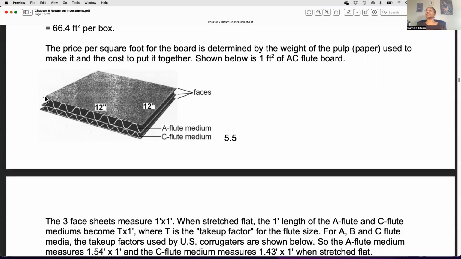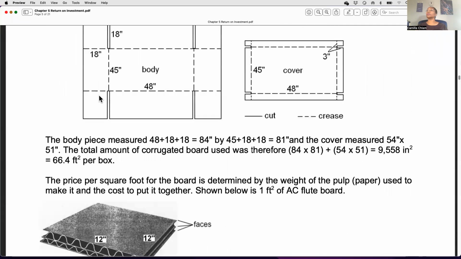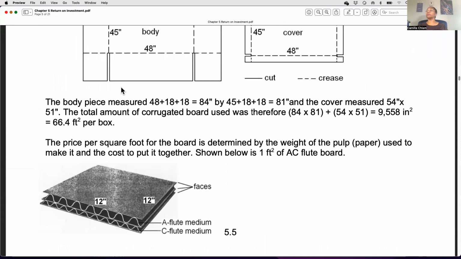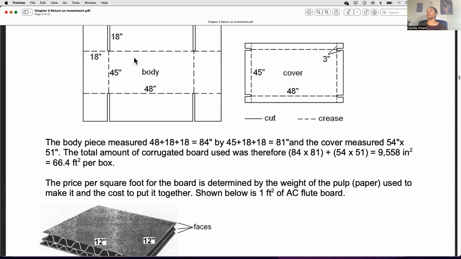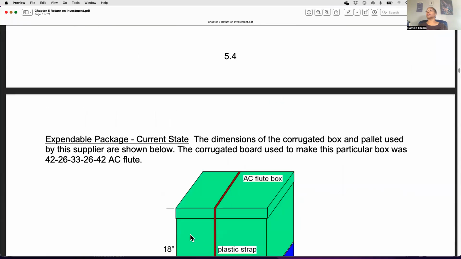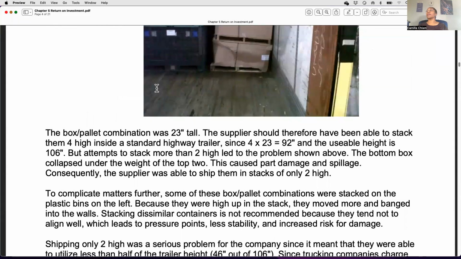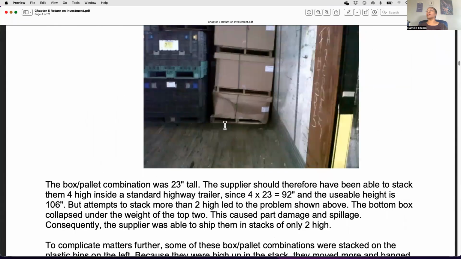Okay, so you can see this would be if you cut a square out, that's a square foot here. If you were to cut it out of this box, it's the same thing as taking a square foot of that out.